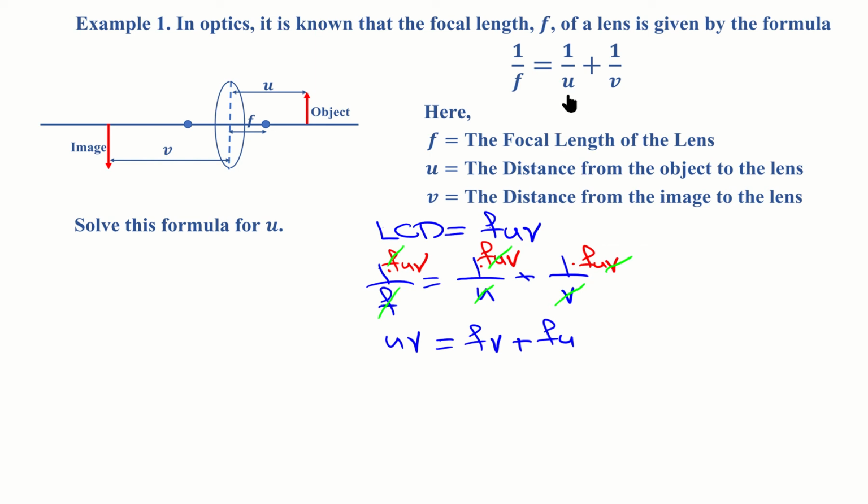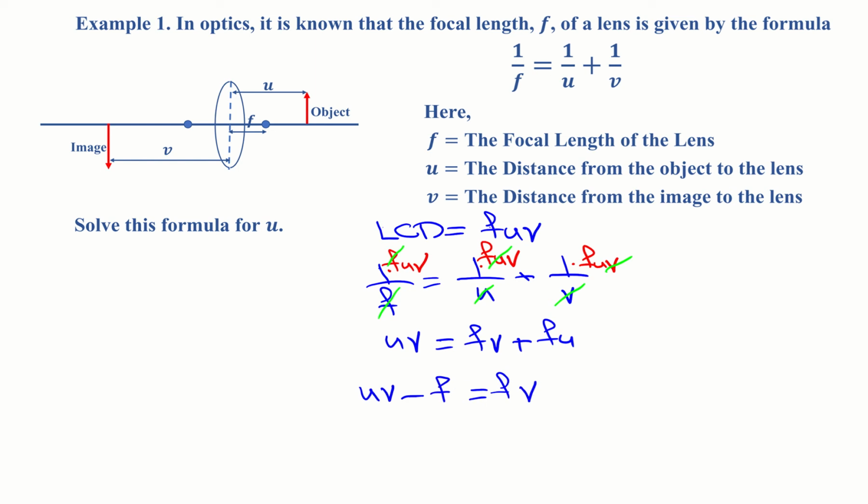So we're going to go ahead and focus on getting the U terms next to each other. So we notice there's a U term here and one here, so we'll move this one to the left side. So we get UV minus FU equals FV.